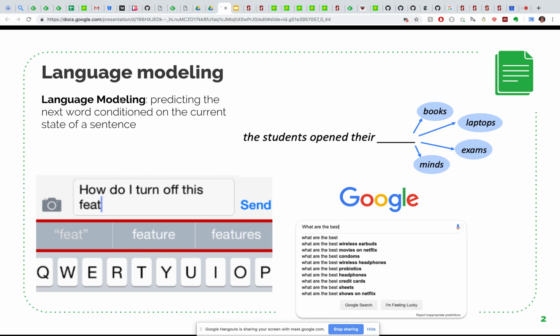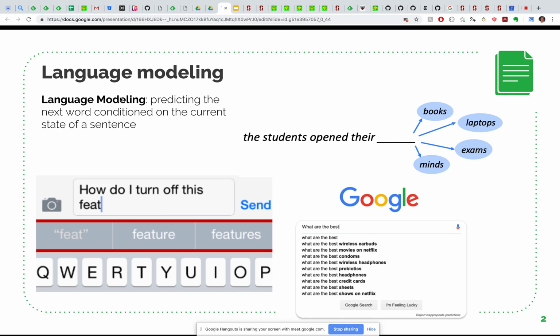For example, in your smartphones, it can predict the next words, or in search engines, it can do auto-completions. But language modeling is also used in many different products like machine translation or speech processing and many more.